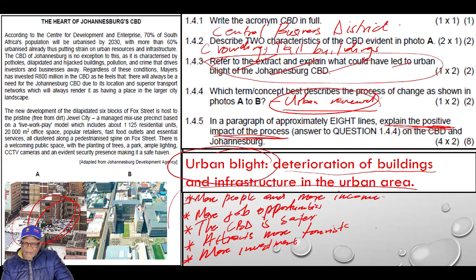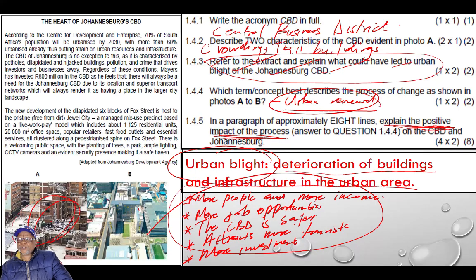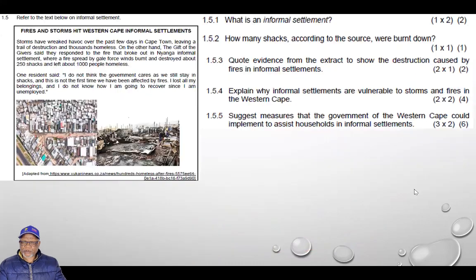So this is not limited. Once the CBD has been renovated, once the buildings have been renovated, they are more attractive, and there are a number of benefits that the CBD will enjoy because of that improvement.